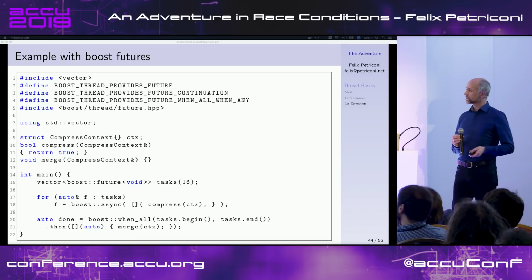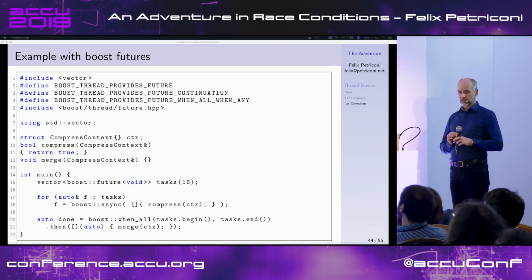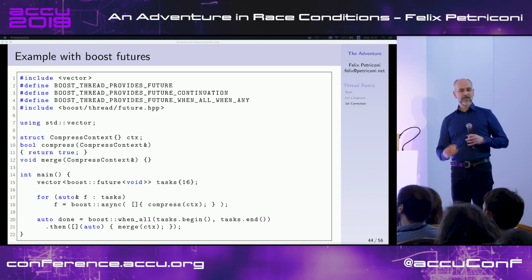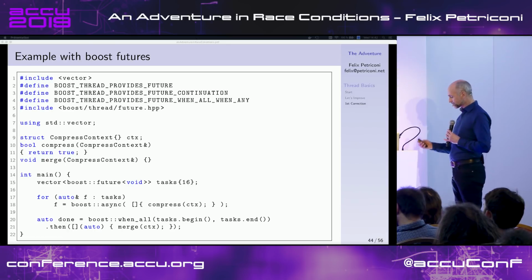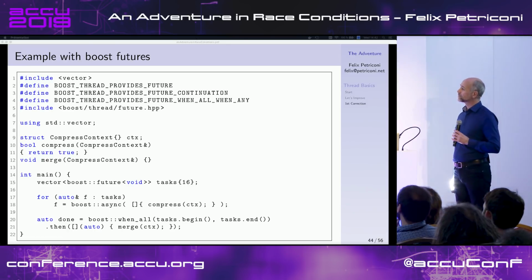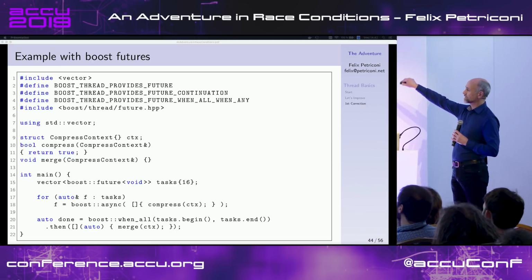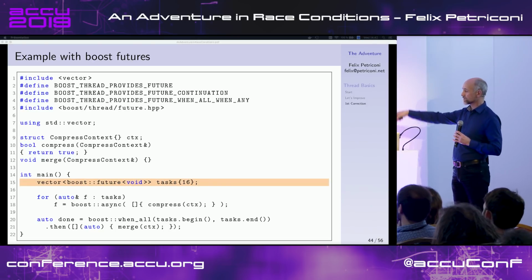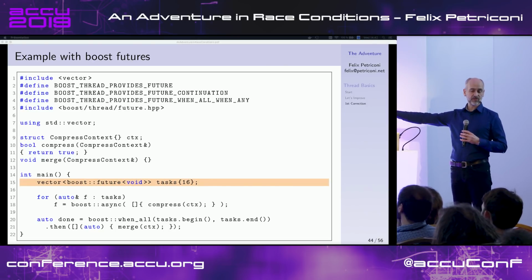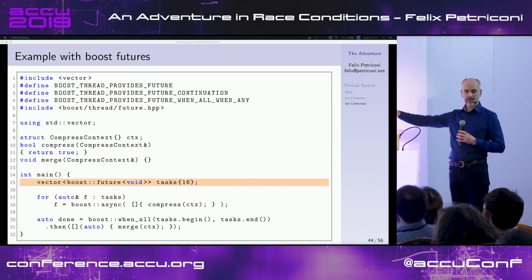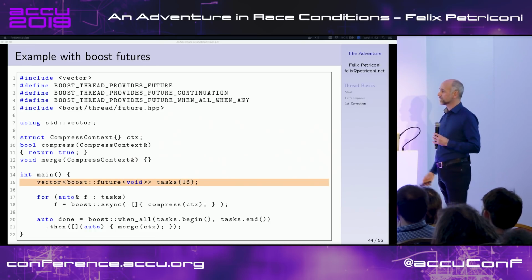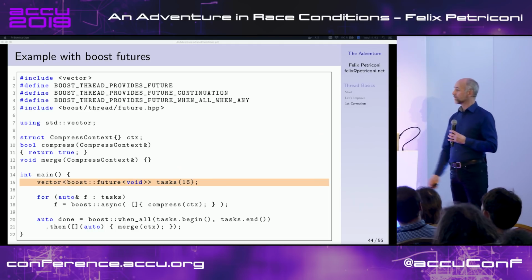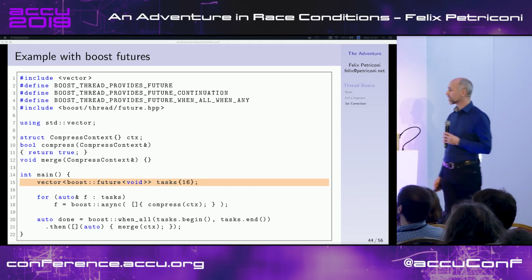And just to give you a small glimpse of how one could do this, for instance, with Boost. Boost has some features. You see, most of the code is just boilerplate. So the actual code is just here below, and it does the same as all the slides before. It has exactly the same functionality. So we just create a vector of Boost futures.